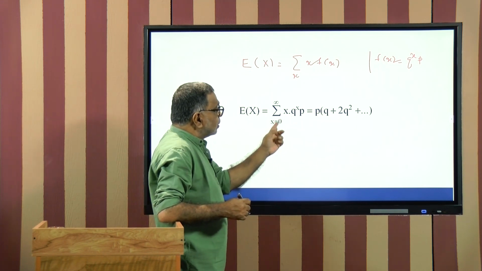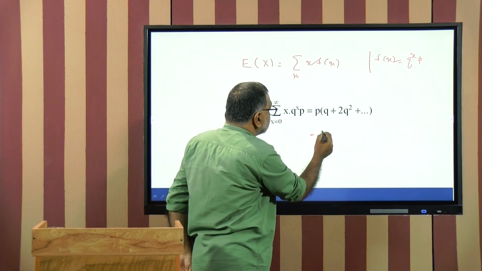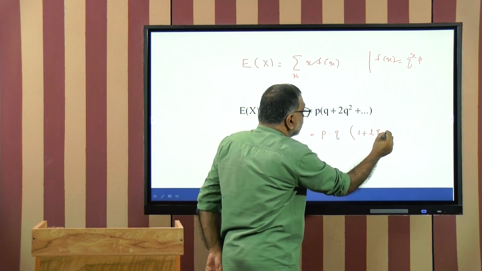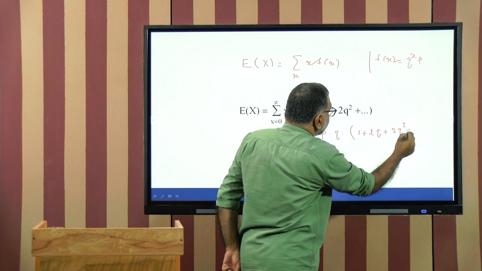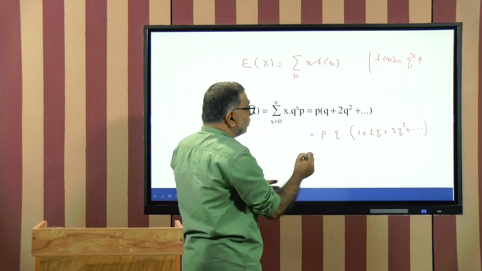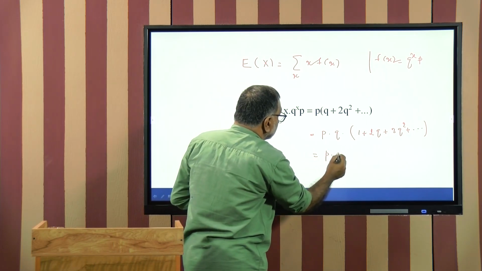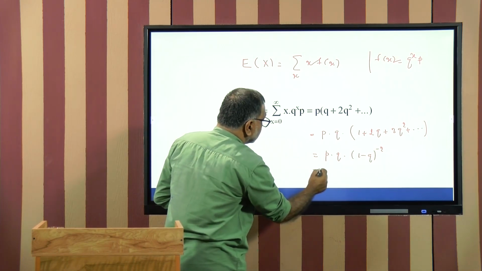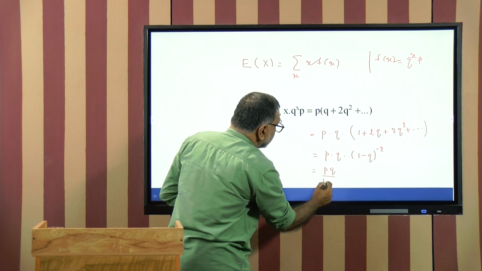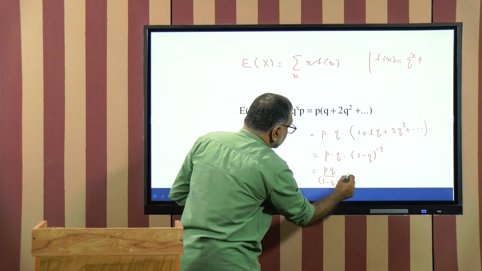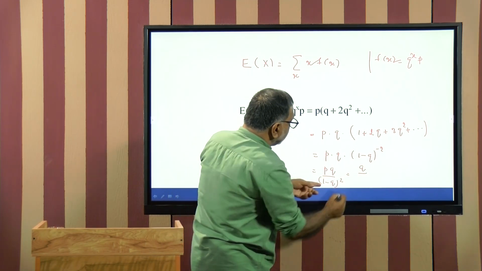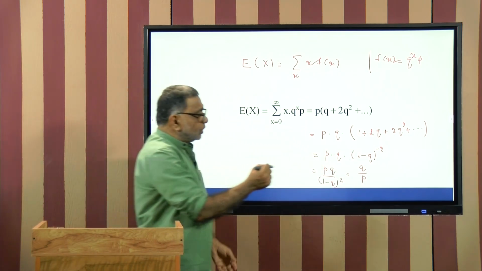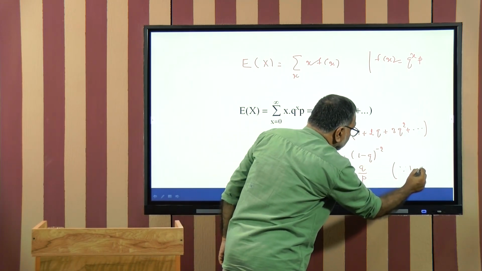By substituting different values of x, you will have those values, and p into q is taken outside: 1 plus 2q plus 3q square plus etc. And this is a non-infinite series, and the value we know is 1 minus q to the power minus 2, or that is p q divided by 1 minus q the whole square, or that is q divided by 1 minus q. 1 minus q is p, so p square, so one p is cancelled, so we have q divided by p, because 1 minus q is equal to p.